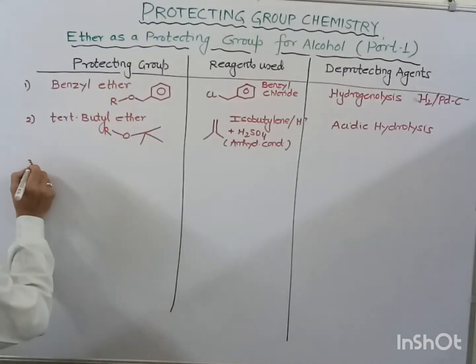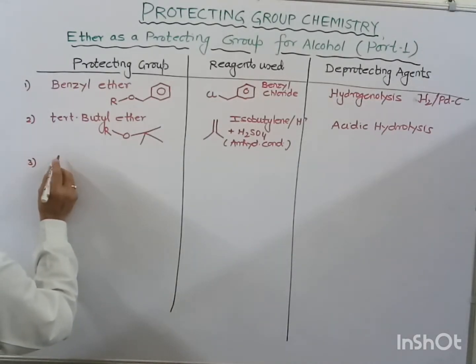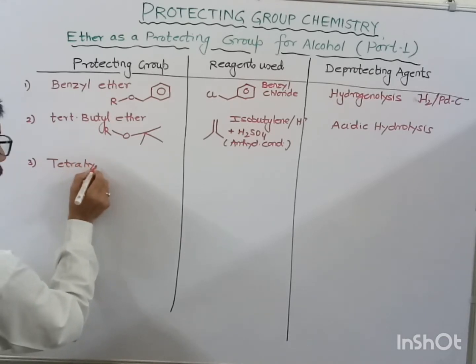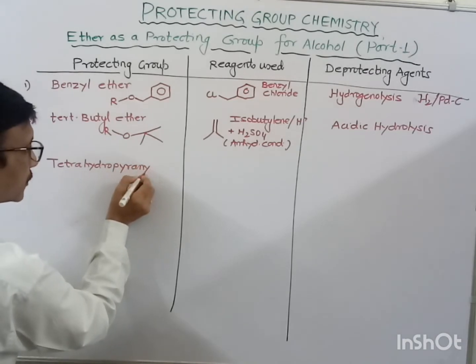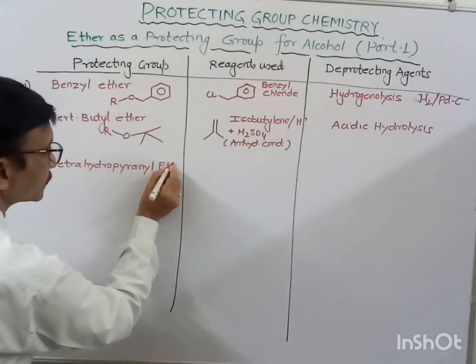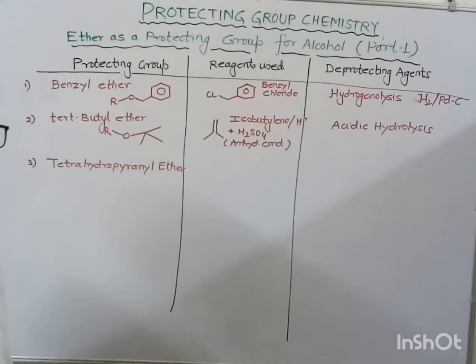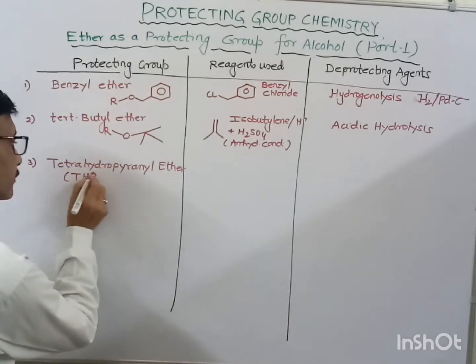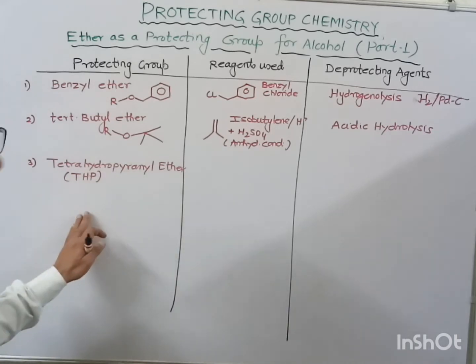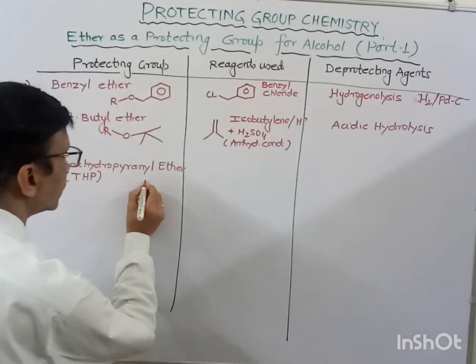The third important one is tetrahydropyranyl ether. It is usually denoted by THP.